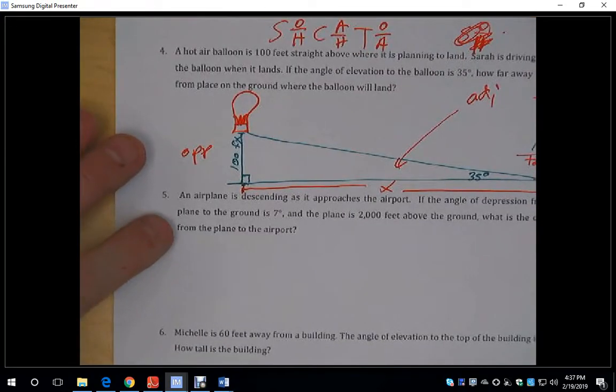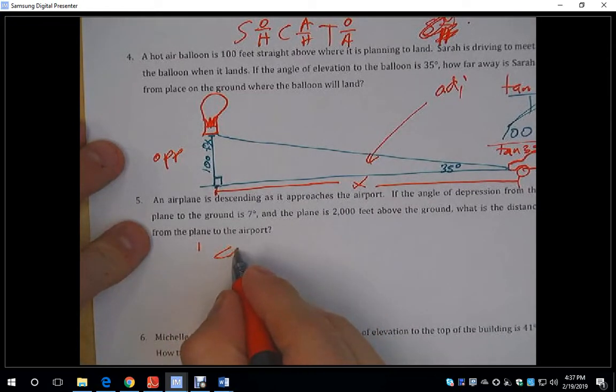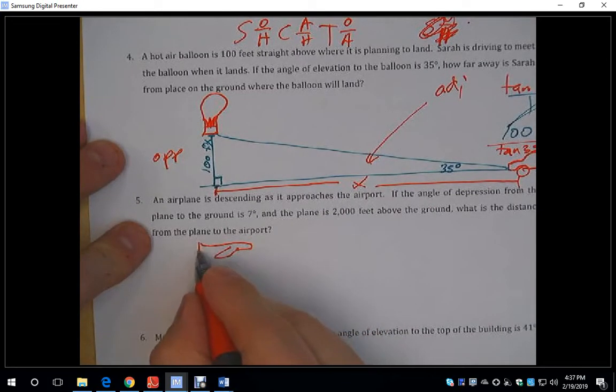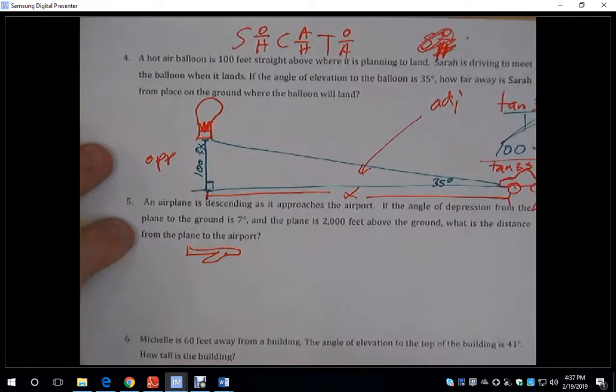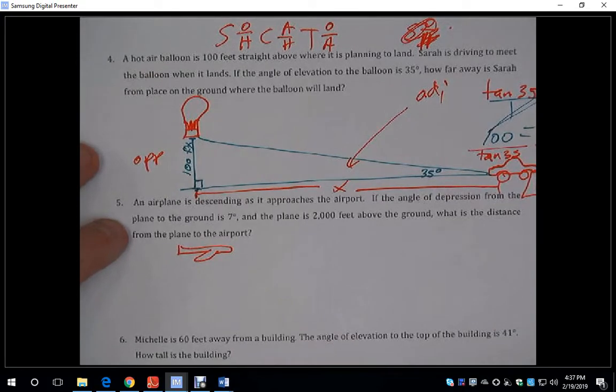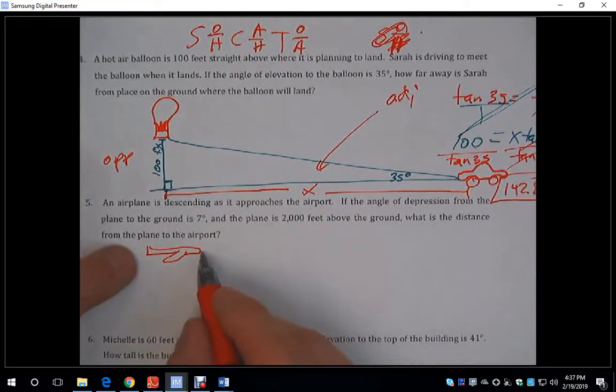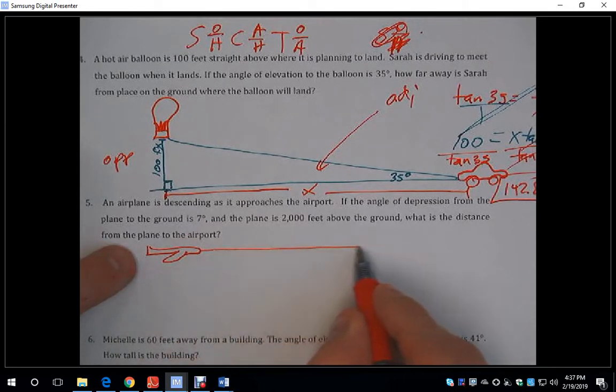All right, let's look at the next one. It says an airplane is descending. Let's go ahead and draw our airplane. And so we have our airplane, and it is descending as it approaches the airport. If it wasn't descending, then this would be the direction it would go.